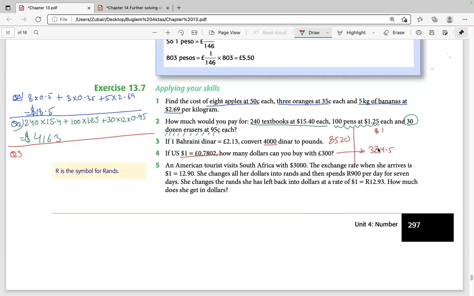I redid it, but I was doing the same thing I did before. I was just dividing 300 by 0.7802. Yes. So 384.5 dollars.